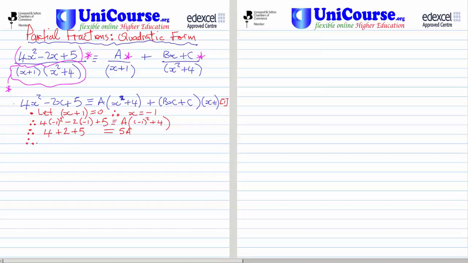Therefore, 4 plus 2 is 6, plus 5 is 11, is equal to 5A. Therefore, A is 11 over 5, which we can just keep as 11 over 5, or if you wanted to, you could say it was 2.2. We'll keep it as 11 over 5, which is quite handy in circuit analysis in engineering.